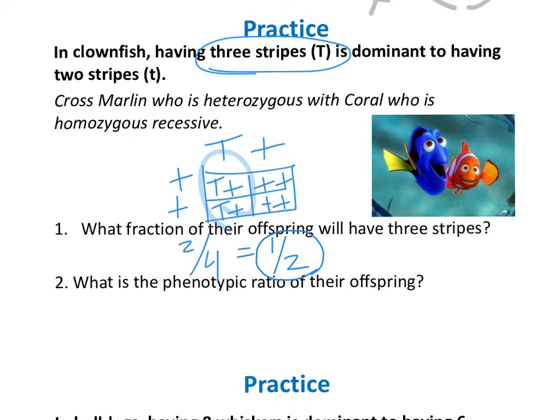Well, in my Punnett square, I've got 2 that have 3 stripes, and I have 2 that have 2 stripes, so my ratio is 2 to 2. 2 to 2 can be simplified because both this 2 and that 2 can be divided by the same number, so the simplified ratio is 1 to 1.